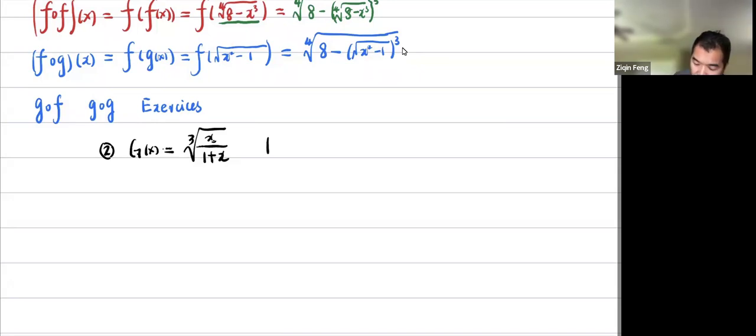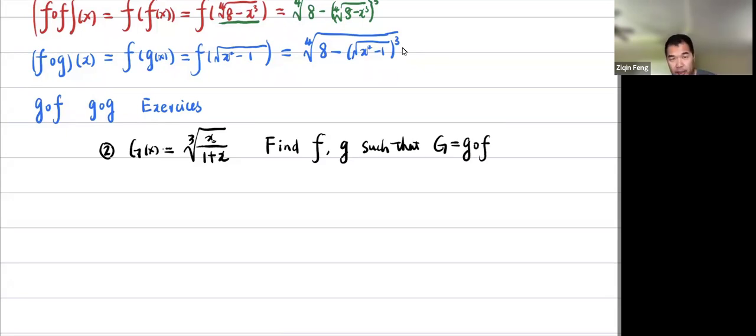We want to find f and g such that capital G equals g composed with f, lowercase g, lowercase f. In this case, we call f the inner function and g the outer function.